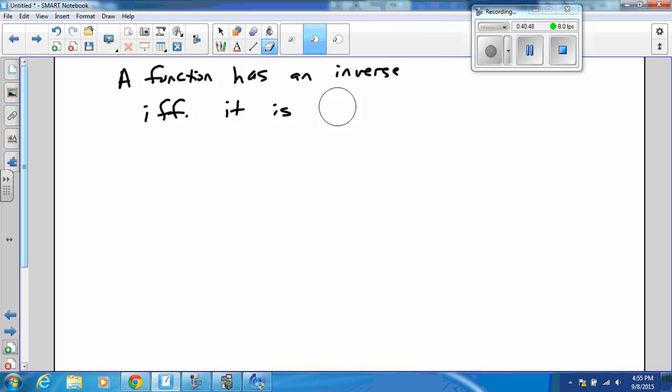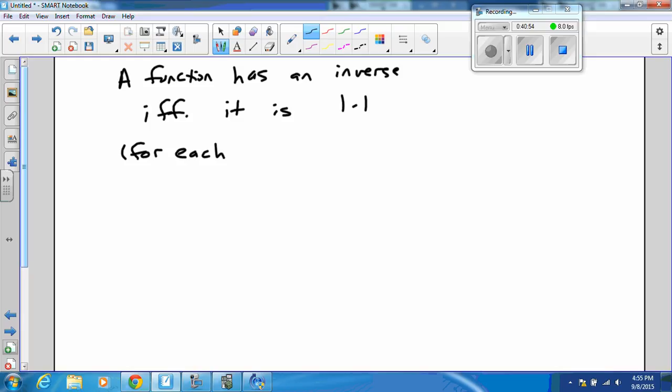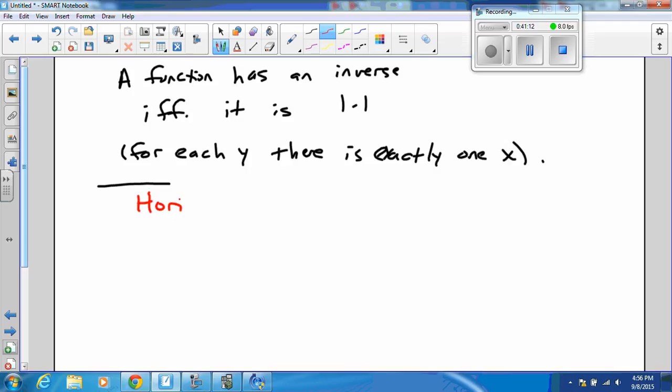If and only if for each y there is exactly 1 x. And in particular, this means that on a graph, the function must pass the horizontal line test for one-to-oneness.